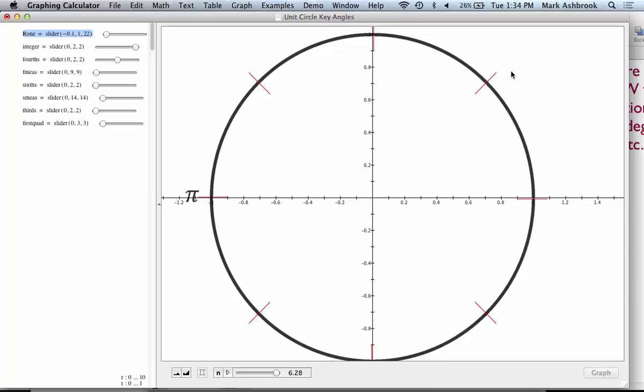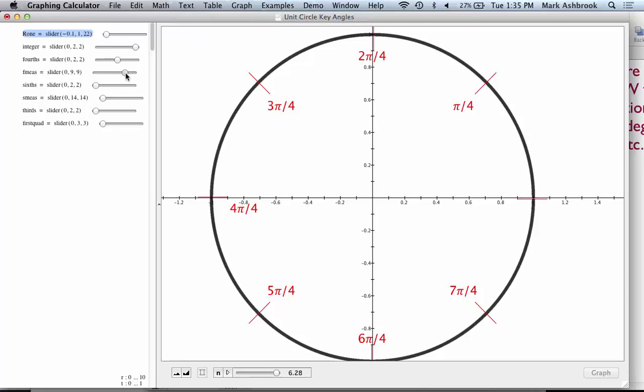Pi over 4 is taking that half circle and breaking it up into 4 equal arc lengths. So that first angle there would be our pi over 4. To get the rest, all you got to do is know how to count. That first one's 1 pi over 4. Then 1, 2, 3, 4, 5, 6, 7, 8.